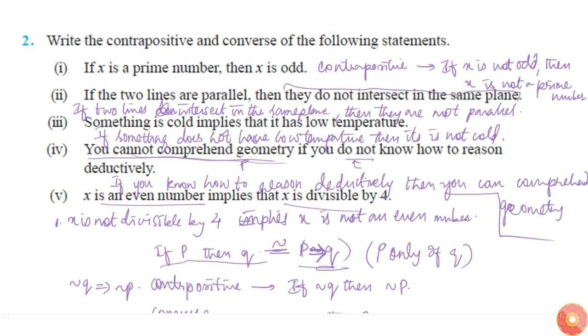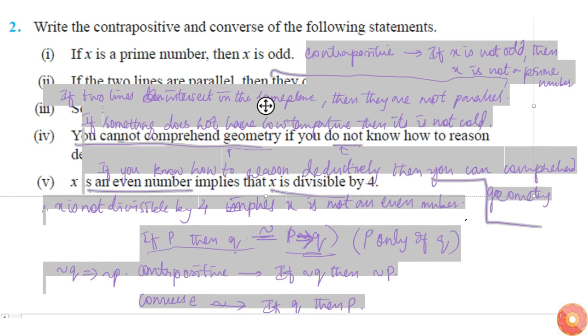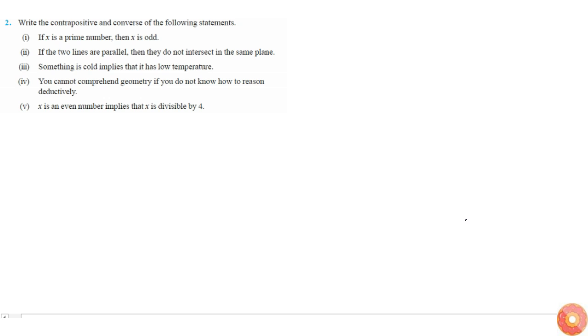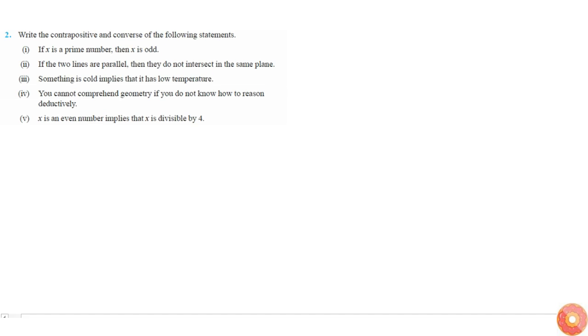Now we'll see how the converse is written. I'll clean this and bring the questions again.